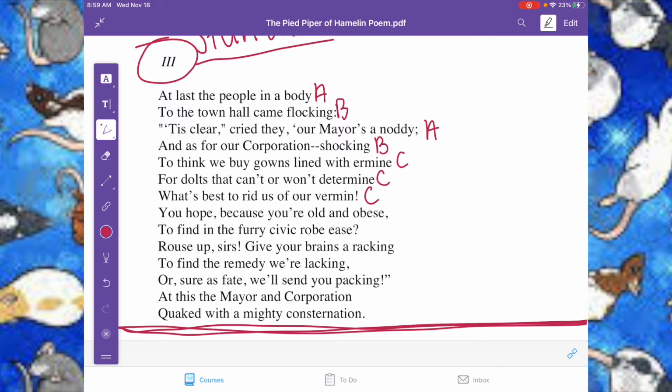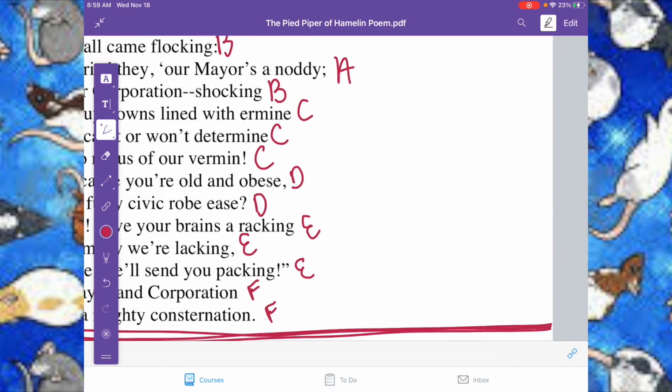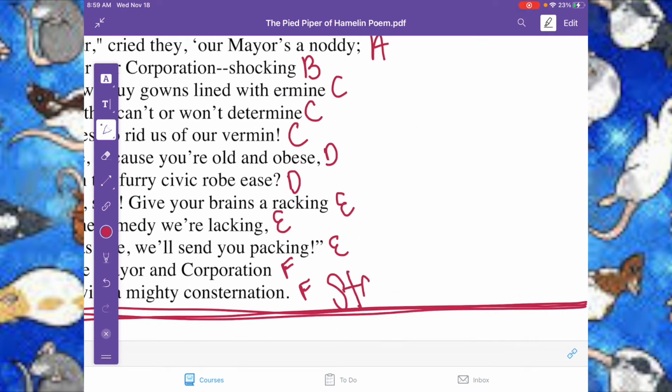Okay, obese and ease. Racking, lacking, packing, corporation, consternation. Okay, so our rhyme scheme for stanza 3.